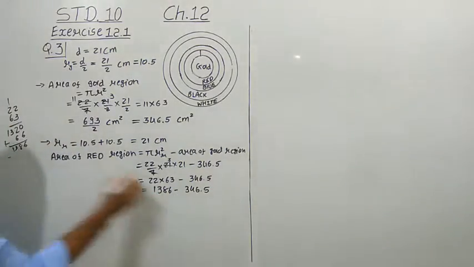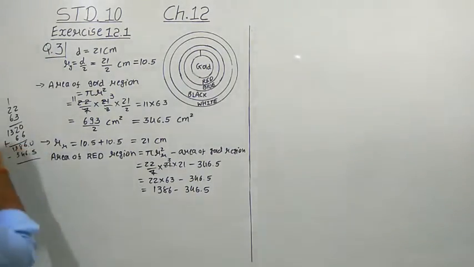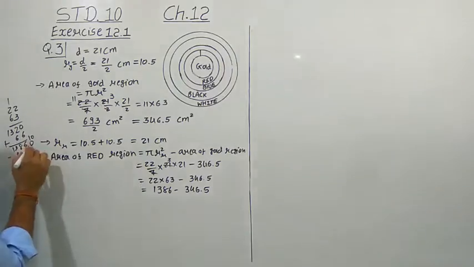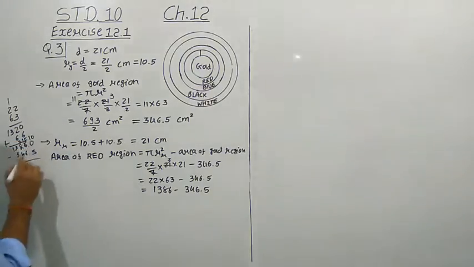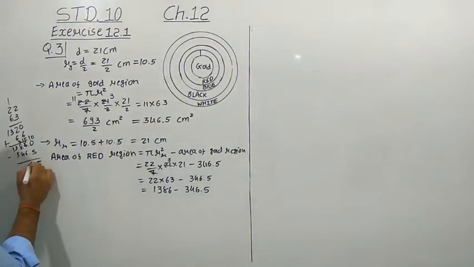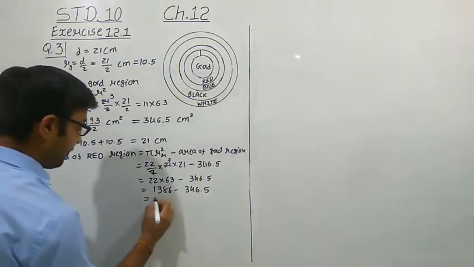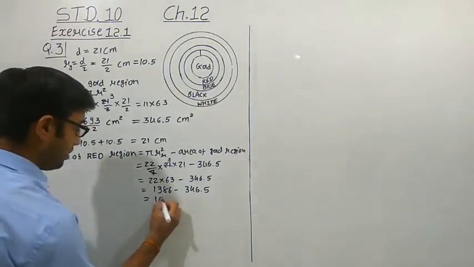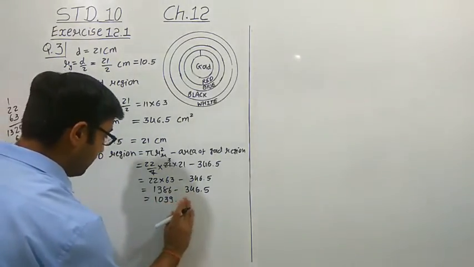So here we have to subtract 346.5 and put the decimal point. We can take 10 as a carry. So here we have to find 5, but again we have to take 15. So here 5, then 8, 6 and 15 is 9, then 7 minus 4 is 3, 0, 1, so we get 1039.5 centimeters square.